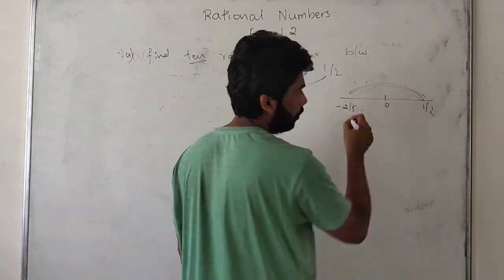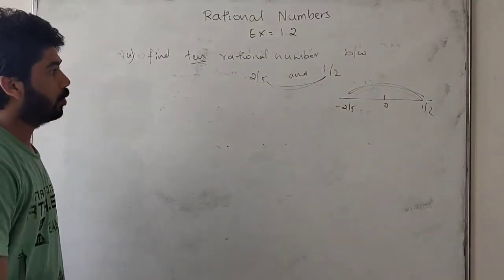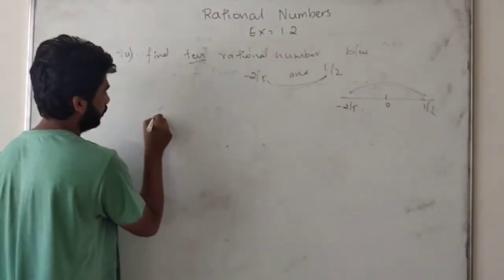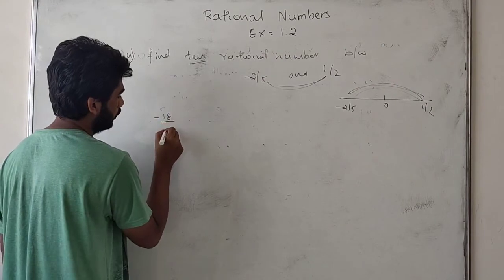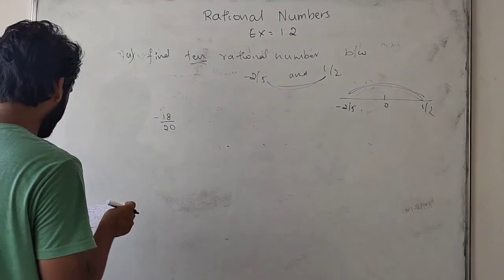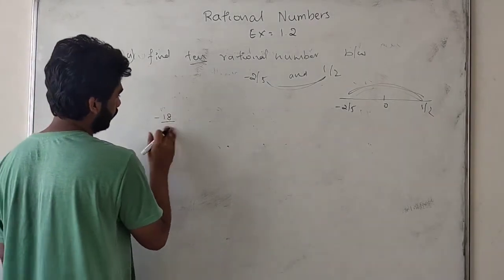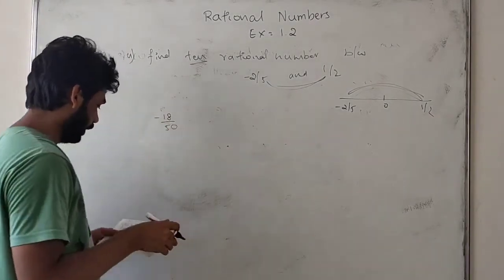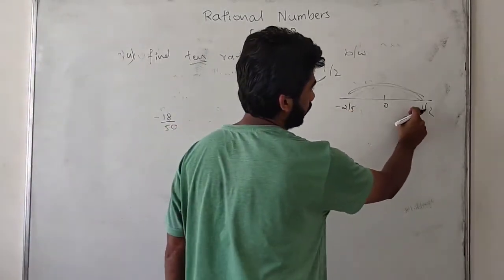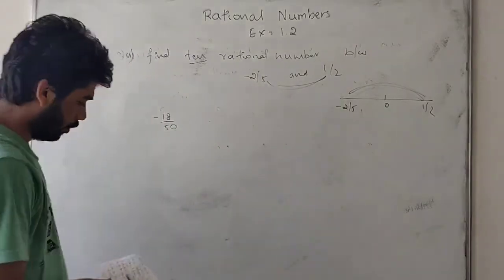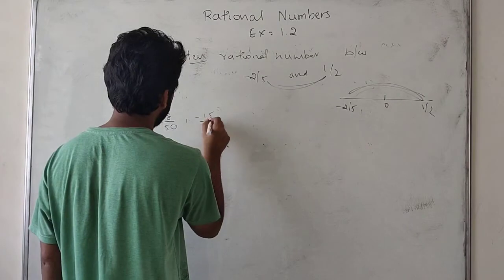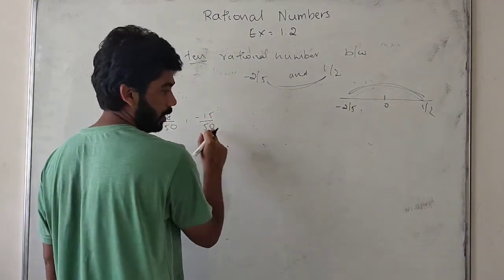So the first number I will take as minus 18 by 50. Now the next number I will take as minus 15 by 50, the second number.